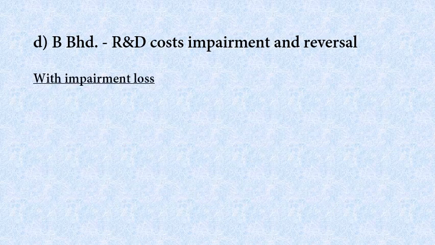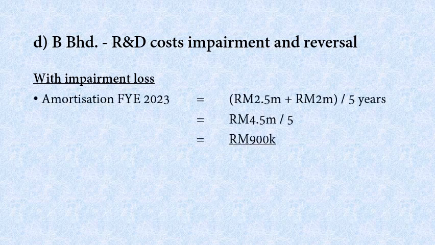So first, we need to determine the carrying amount and the accumulated amortization with the existence of impairment loss. We already know that the amortization for 2022 was 500,000. So for 2023, we have additional development costs of 2 million. We add that to the 2.5 million carrying amount and divide that by 5 years of remaining useful life, and that gives us 900,000.